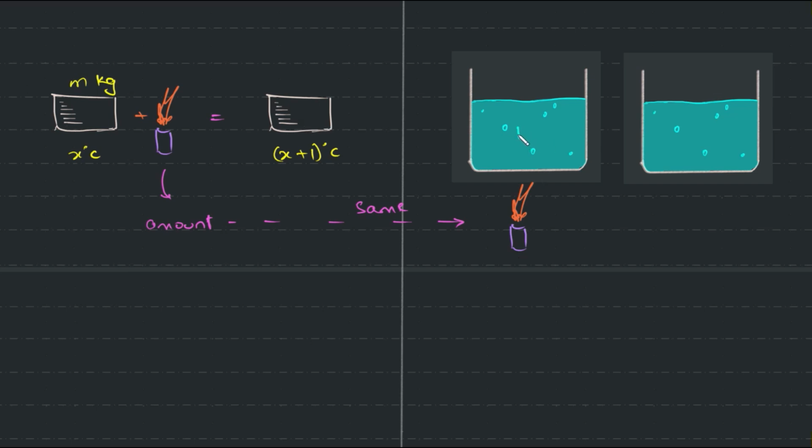But in this case here, it has to be water. And this has to be at x degree Celsius. And post supply of all of this, I end up with x plus 1 degree Celsius.